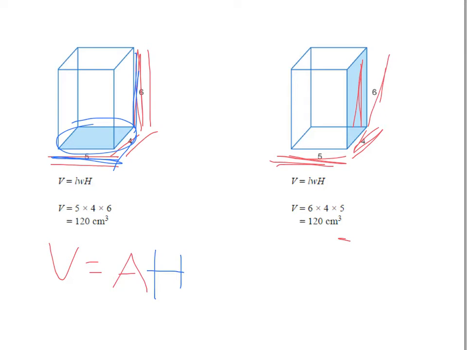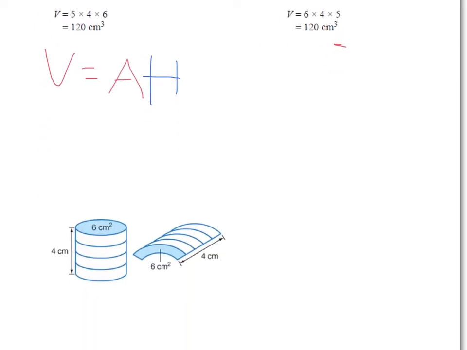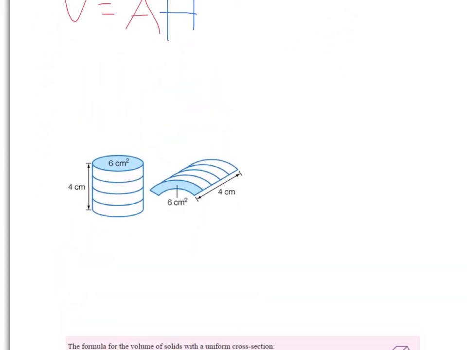Okay, let us move on to the next picture. Something really interesting here is if it's a solid with a uniform cross-section. So basically it's the same all the way down. Can you see that one is a funny shape, but it's the same shape all the way through. If it's like that, then your formula is just volume is equal to your area times the height.